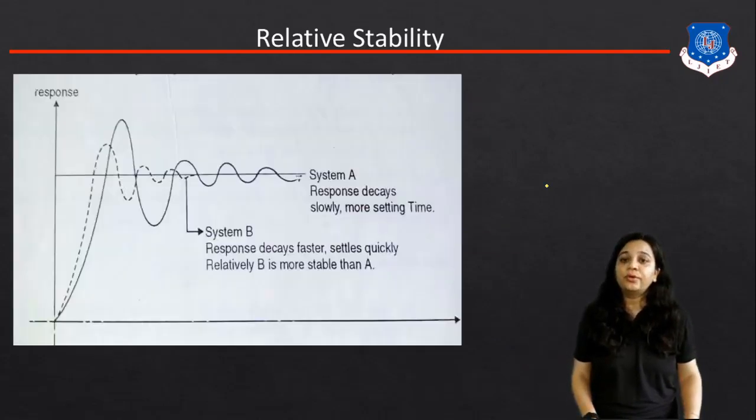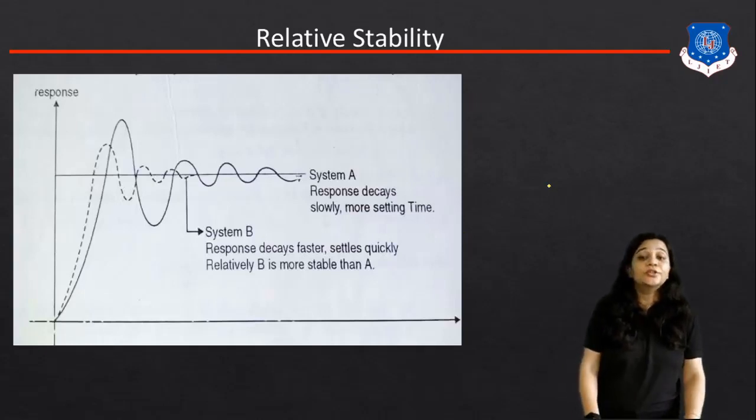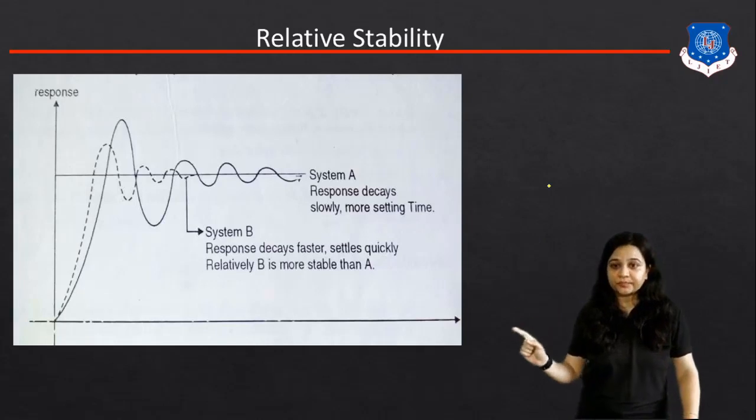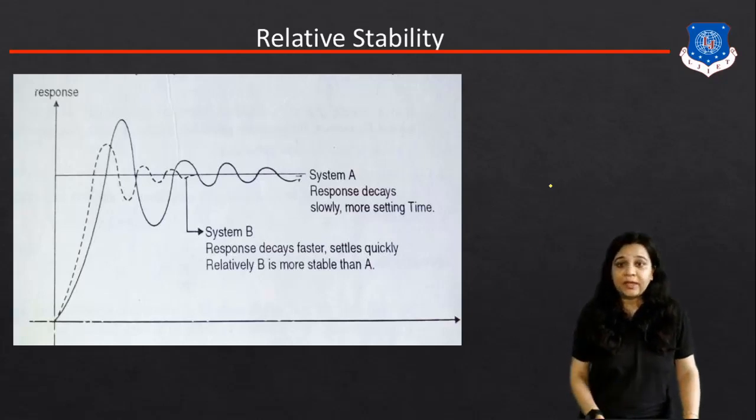So to understand relative stability, here two systems are given, system A and system B. In system A, the response decays slowly, with more settling time, so it takes more time to settle.